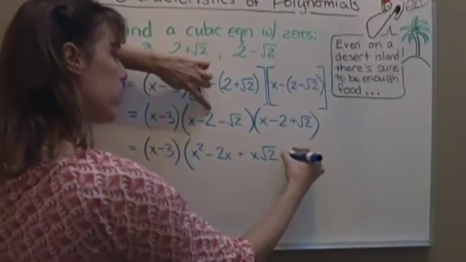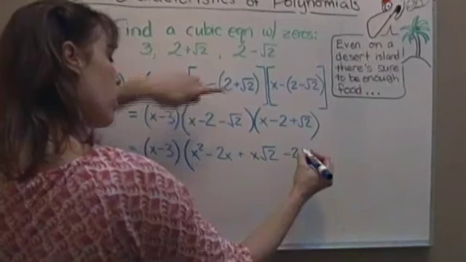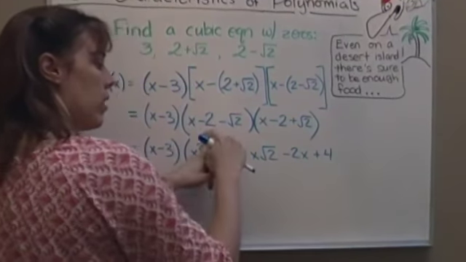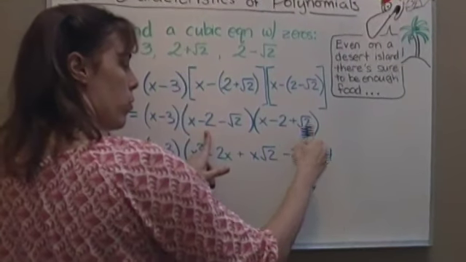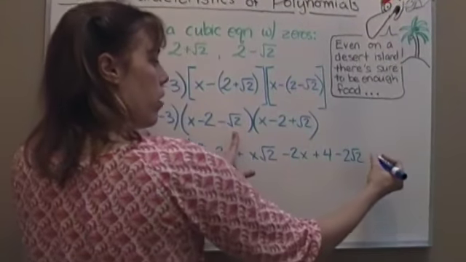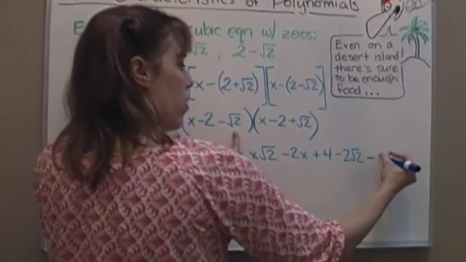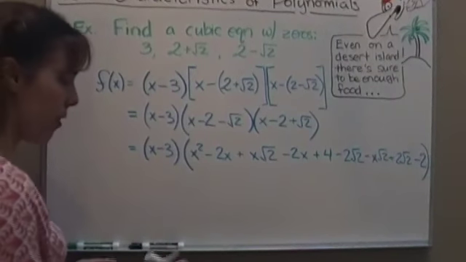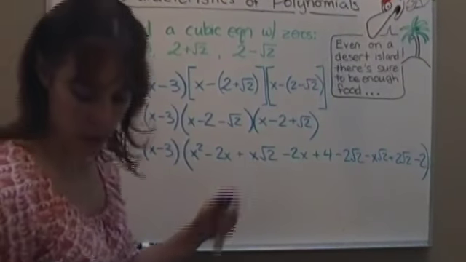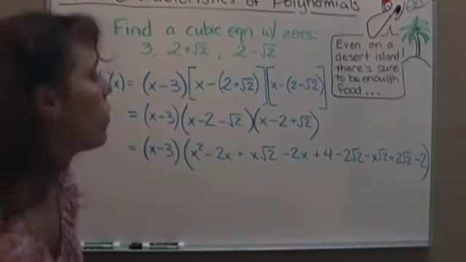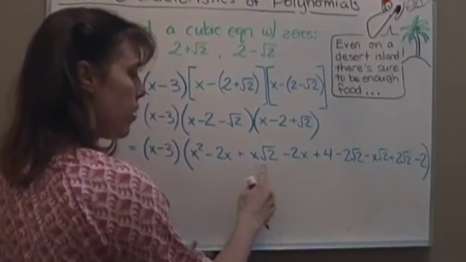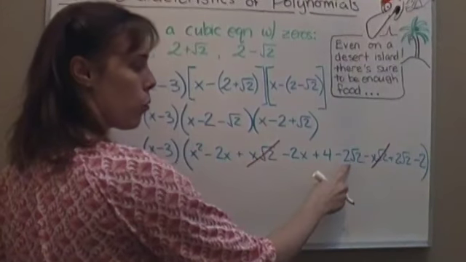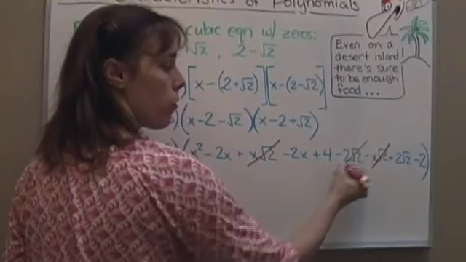Negative 2 times x, negative 2 times negative 2, positive 4, negative 2 times root 2, okay, that's a mess. Now we have to cancel some things. But the good news is, lots of stuff's going to cancel. We've got a positive x root 2, we've got a negative x root 2. We have a negative 2 root 2 and a positive 2 root 2.